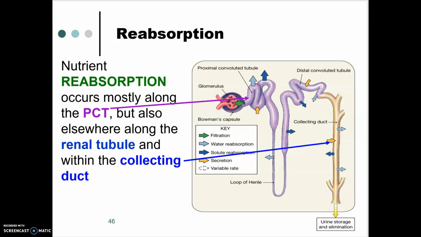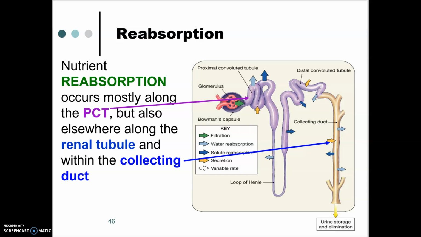Now, nutrient reabsorption is going to mostly occur in the proximal convoluted tubule. But we've got reabsorption happening in different places along the nephron. Although the PCT is mostly responsible for reabsorption, it can happen all over.